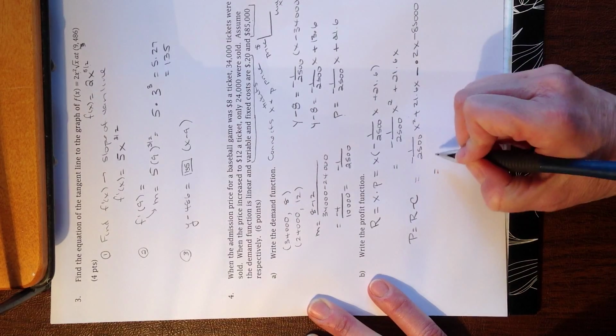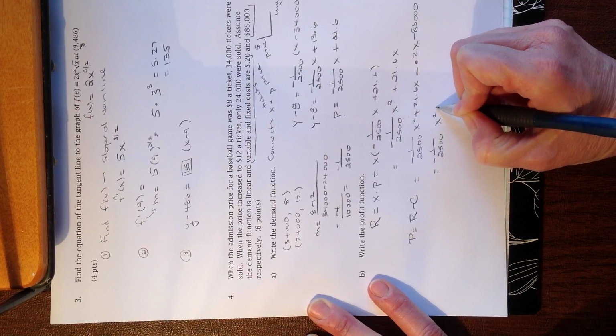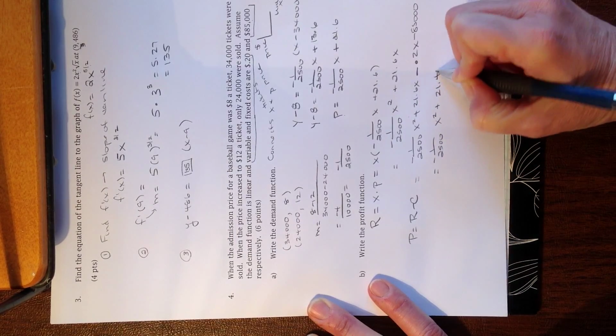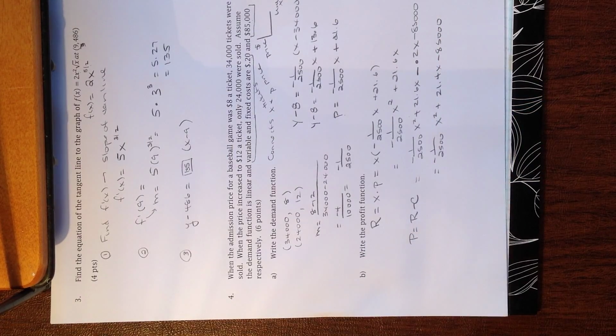And the best thing to do with that would be to combine like terms, although I didn't take off if you didn't. But the final answer for the profit function looks like that. So you're going from demand to revenue by multiplying by x, subtracting cost from revenue, and that gives you profit.